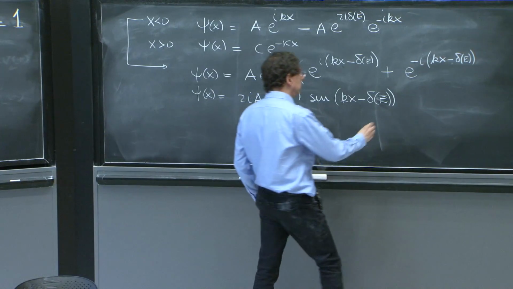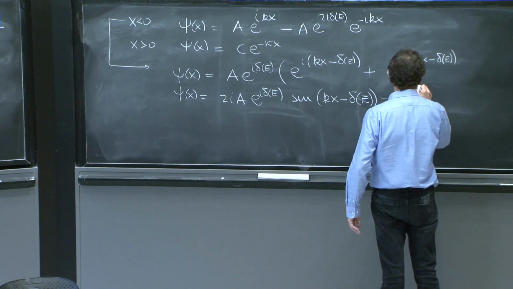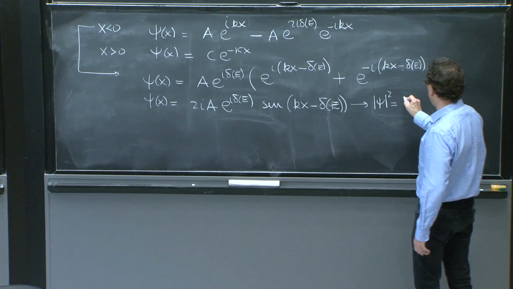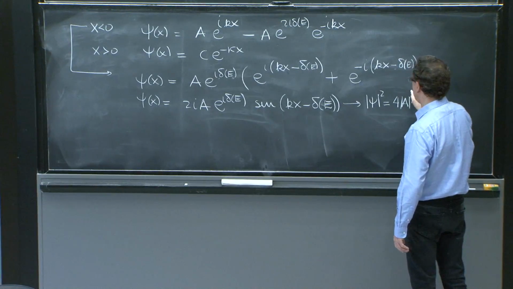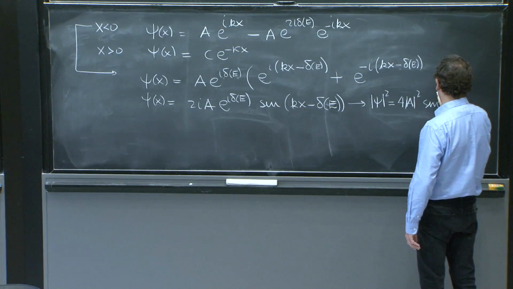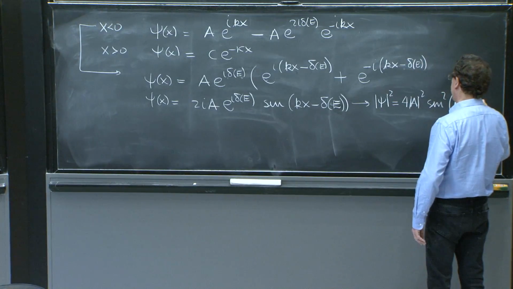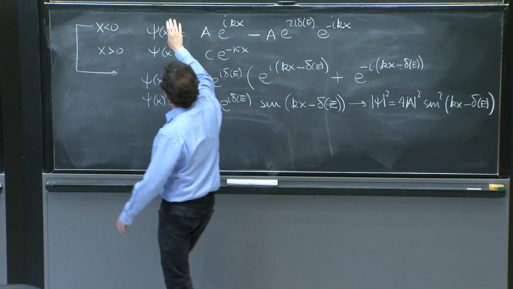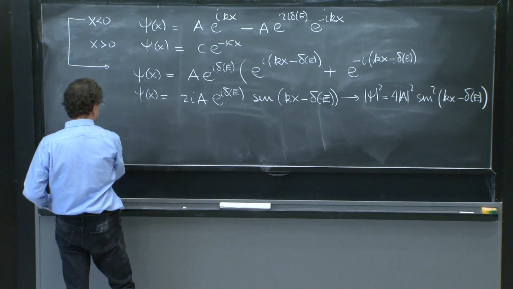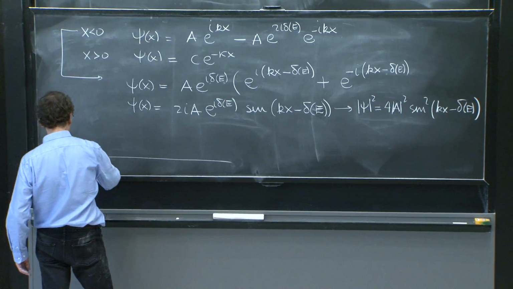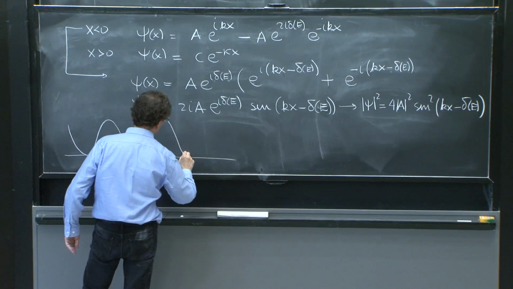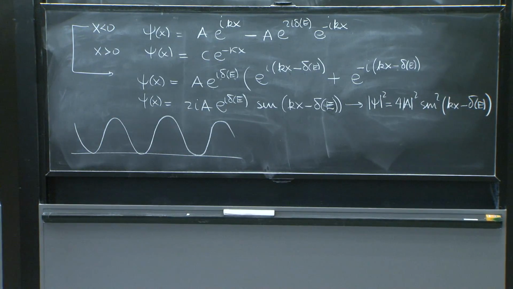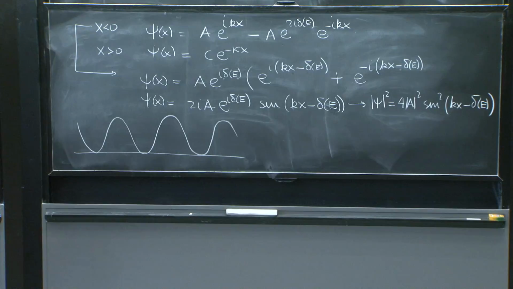And if you wish, psi squared, the probability density, is proportional to 4a squared sine squared of kx minus delta of e. So this can be plotted. Sine squared is like that. And where is x equals 0?